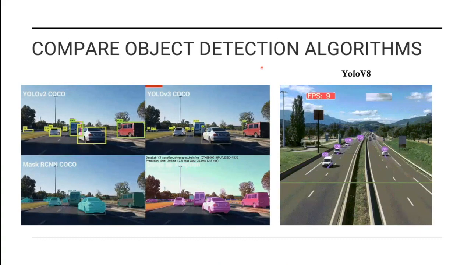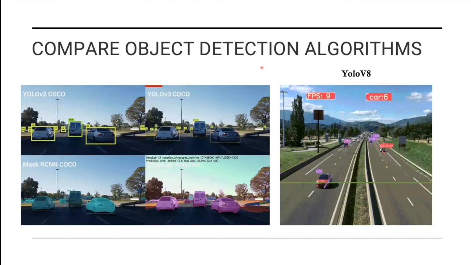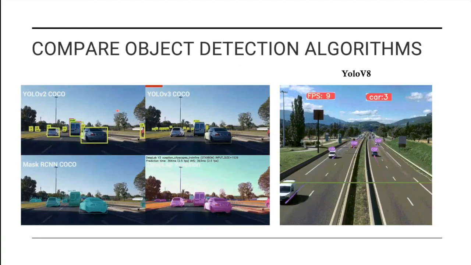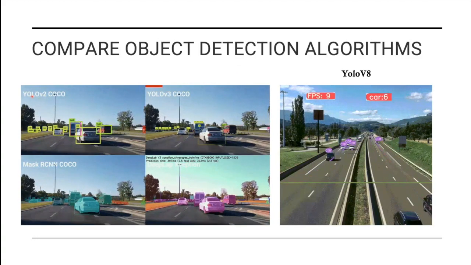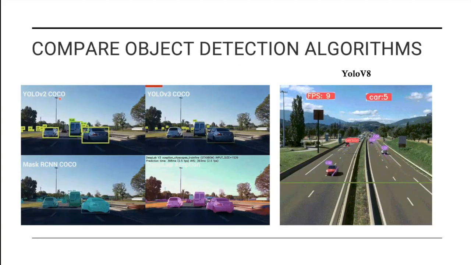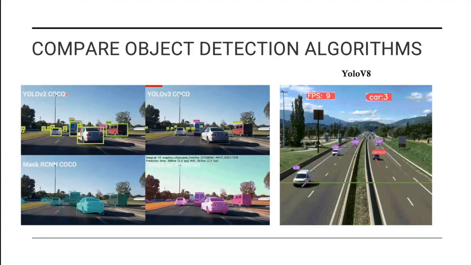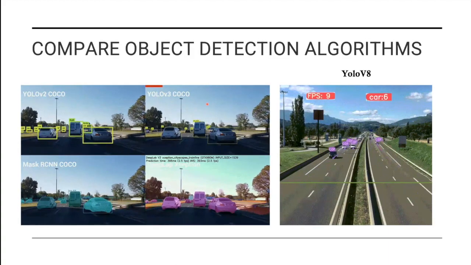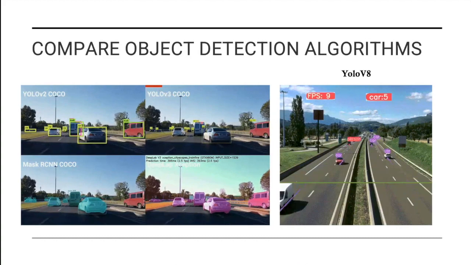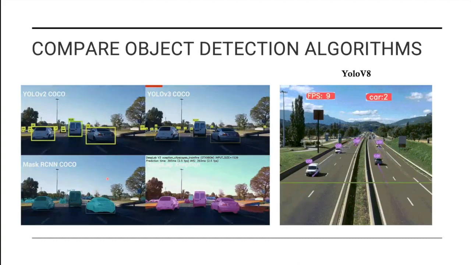Here is a comparison between them. On the left we see YOLO version 2, used on the COCO database, and YOLO version 3. Here we have the frames per second, but it's not visible, sorry.